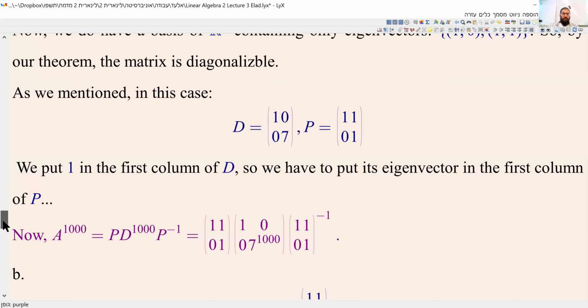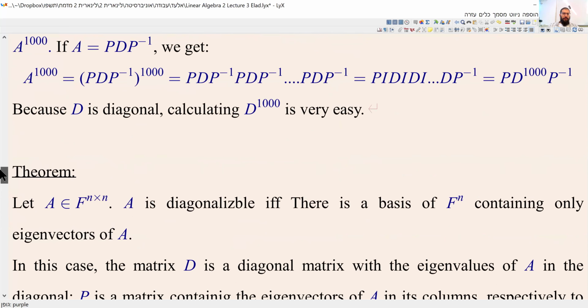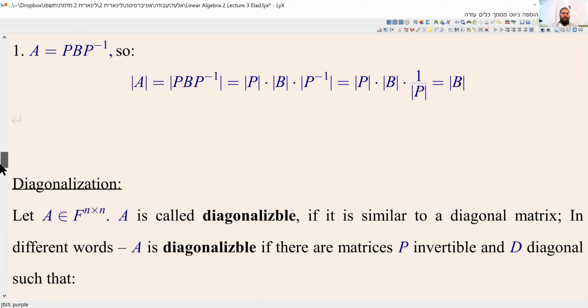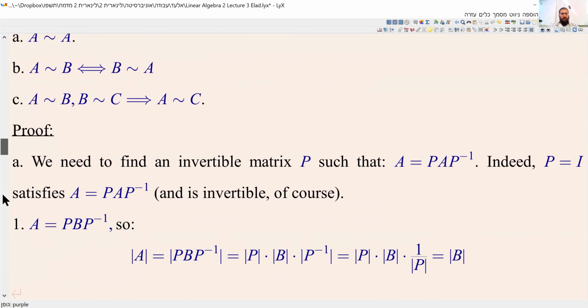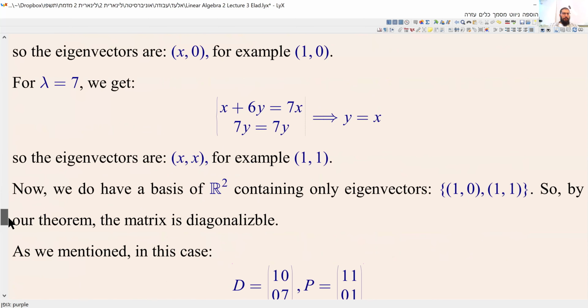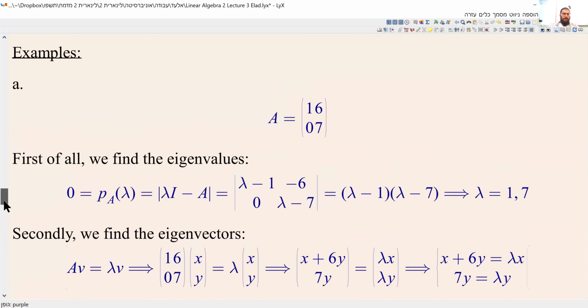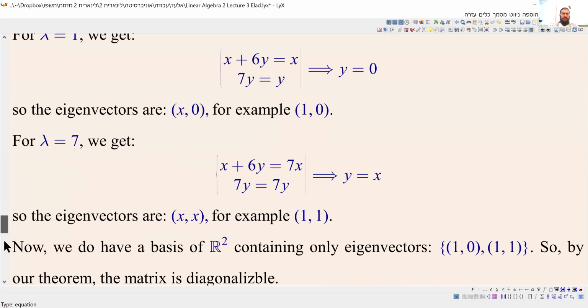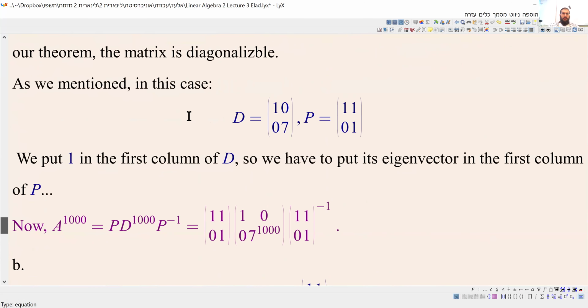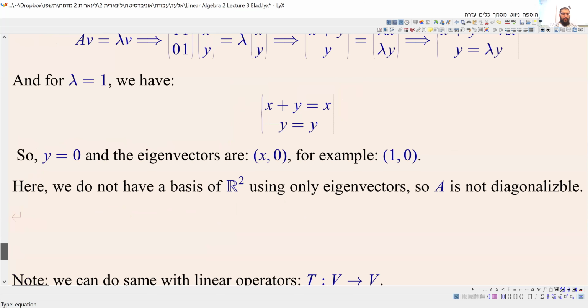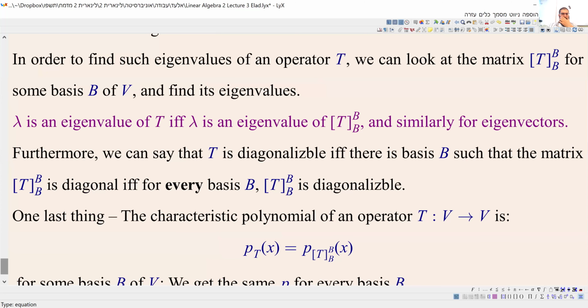But from our point of view of eigenvalues, eigenvectors, characteristic polynomial, and so on, they are basically the same. I mean, in our example, the matrix A, which is (1 6; 0 7), is similar to (1 0; 0 7). They're not the same matrix, but they are similar, as we define it today.